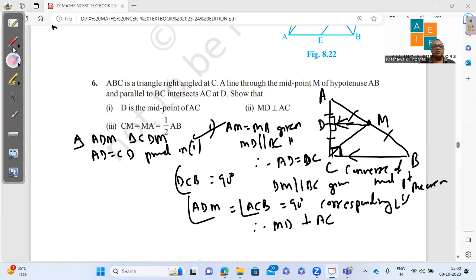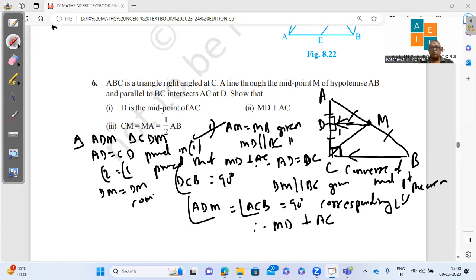Let's say this is angle 1 and this is angle 2. So 1 and 2 are equal, because we have proved that MD is perpendicular to AC. Now, if it is perpendicular, these two angles are 90. And DM is common for both. DM equal to DM, common.